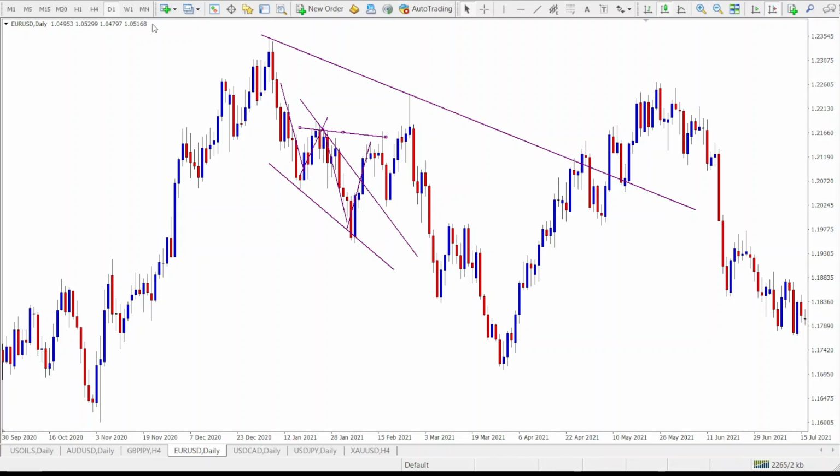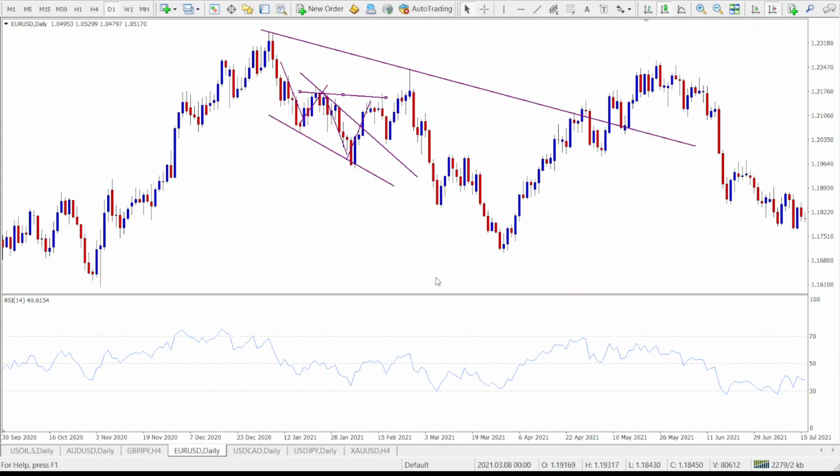For example, let's just add the RSI to see if we're going to find any divergence around there. Now, it doesn't mean that divergence is always going to occur, right? But divergence could actually occur. For example, here we did not exactly have a divergence, but you can just check your RSI or MACD in case there's going to be a divergence.